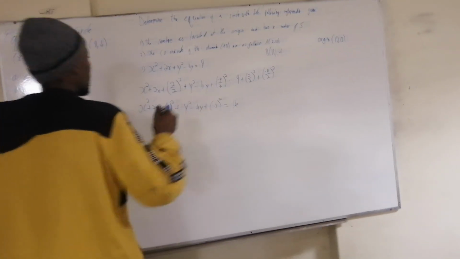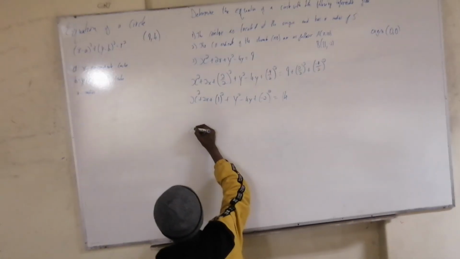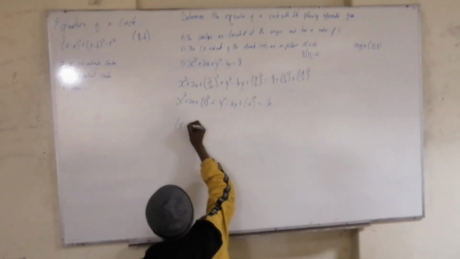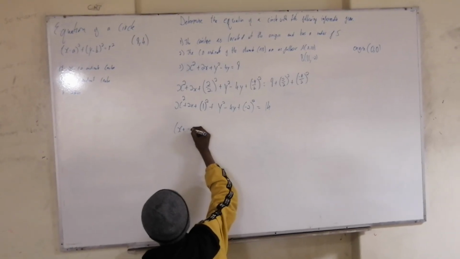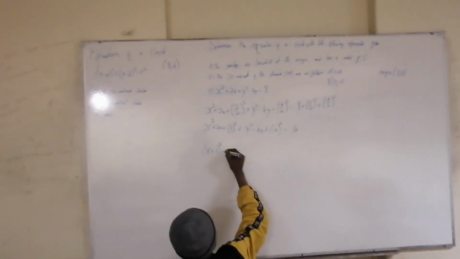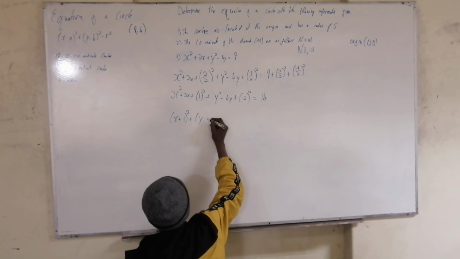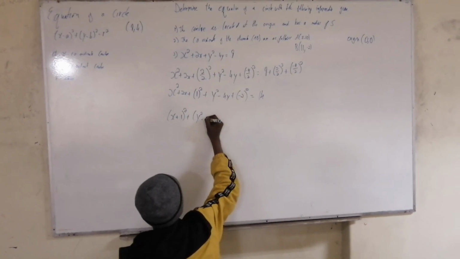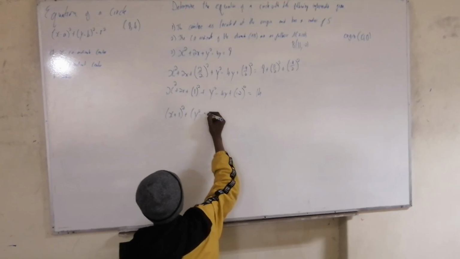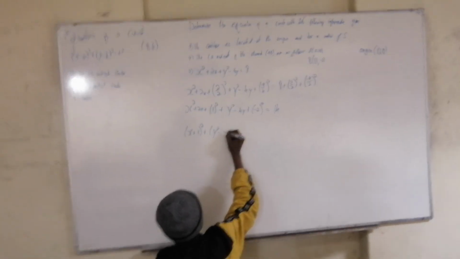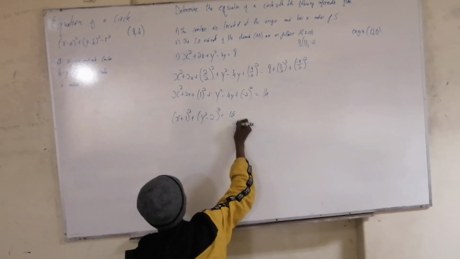After doing this, we just factorize, and then it is going to be like this: (x plus 1) all squared plus (y minus 2) all squared is equal to 14.